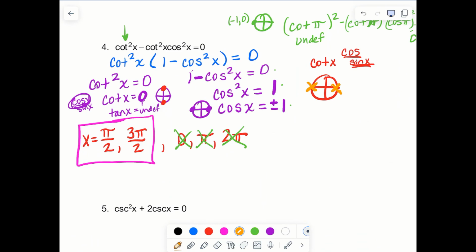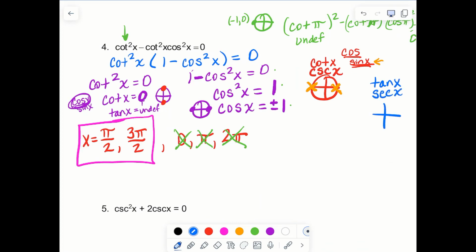What other trig function would that be true for? Think, what else has sine in the denominator? Hopefully you said cosecant. So if you have cotangent or cosecant in the problem, you have to eliminate those. What about tangent and secant?